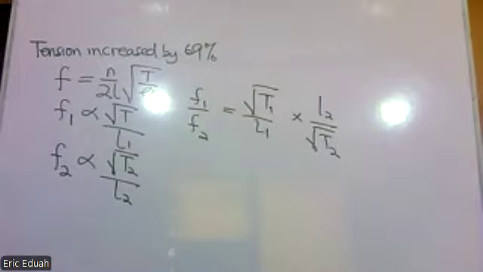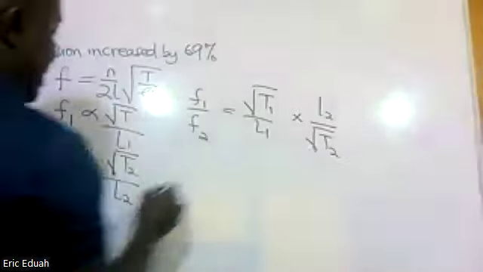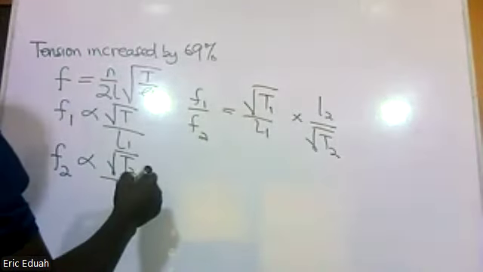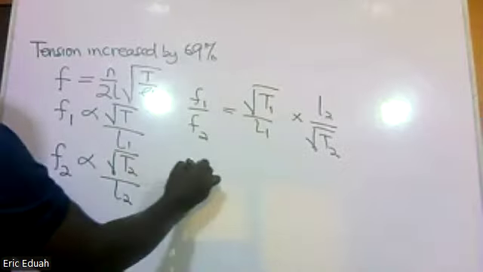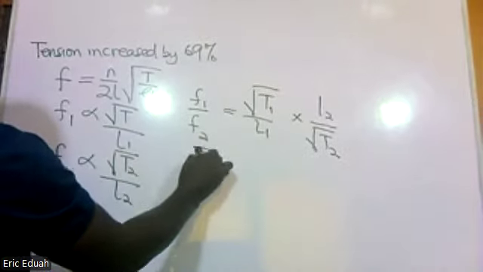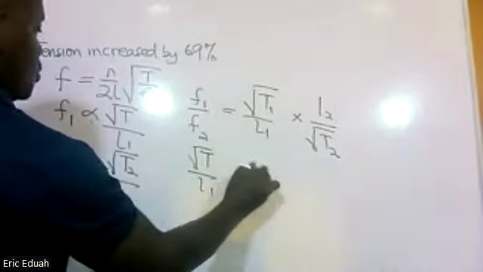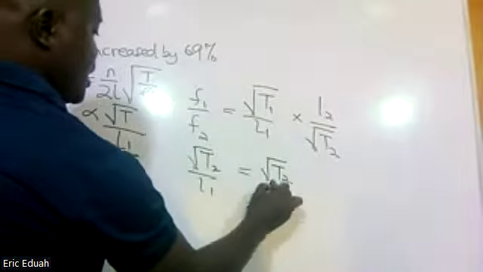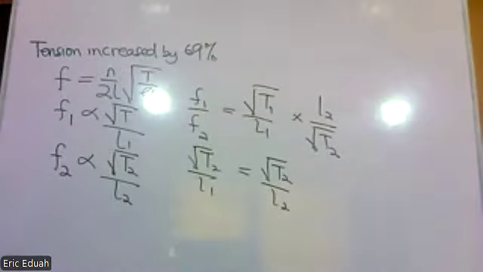Now we are told that in order to have the same frequency of vibration, we can quickly equate root of T1 on L1 to root of T2 on L2.